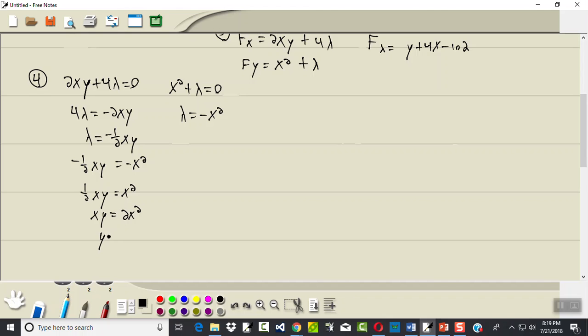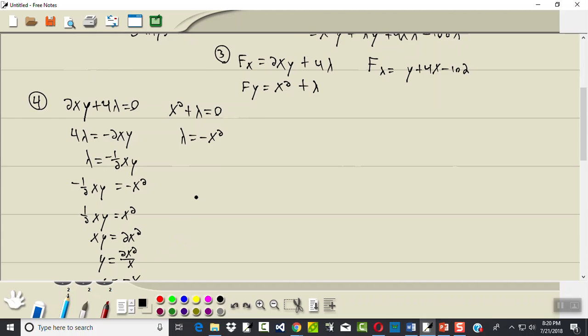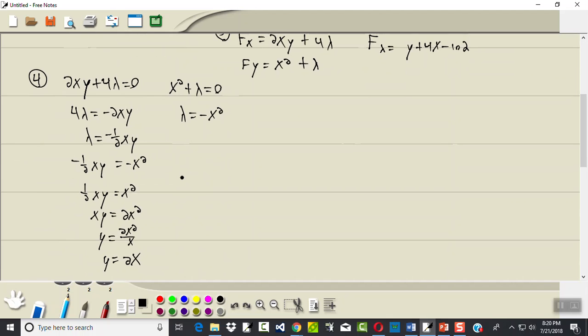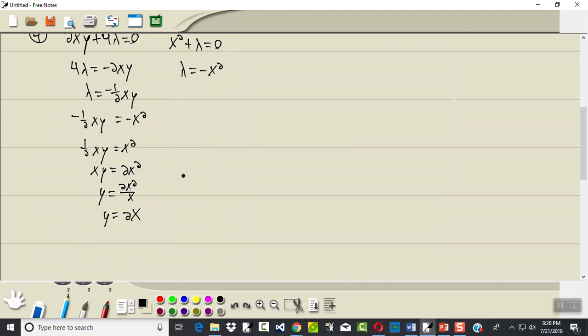Divide both sides by x. And you get y is equal to 2x squared over x, which gives us 2x. Now this is assuming that x cannot equal 0. But x cannot be equal to 0 based upon the problem definition, because then there would be no volume. Okay, so y is equal to 2x.